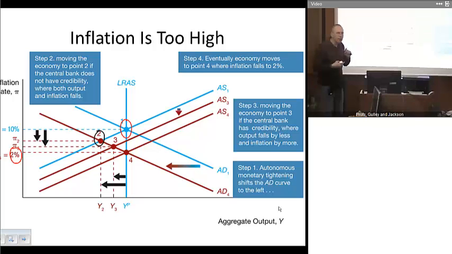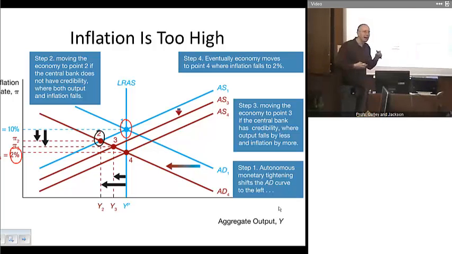But this is where the lack of credibility comes in. What if nobody believed them for some reason? What if nobody believed that they were going to follow up on that policy, and so people's inflationary expectations did not change? Because remember, in a previous video, we saw that changes in inflation expectations affect the short-run aggregate supply curve. And if people's inflationary expectations don't change, the short-run supply curve won't shift, or at least not right away.